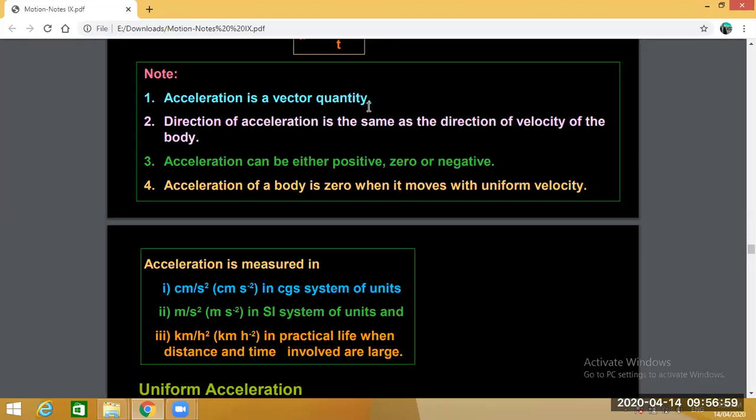In the SI system, acceleration is measured in meter per second square. And in case of large velocity change or distance, acceleration has unit kilometer per hour squared, when distance and time involve other units.